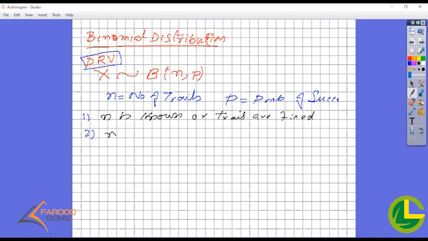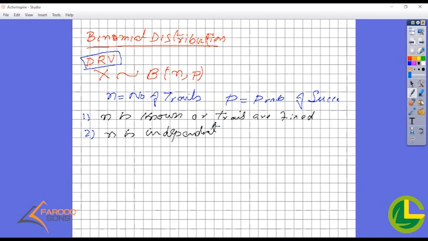Number two, n is independent, meaning trials are independent. N, the number of trials, means you must know how many times you have to perform your experiment, how many times you will go for trials. You must know this part.